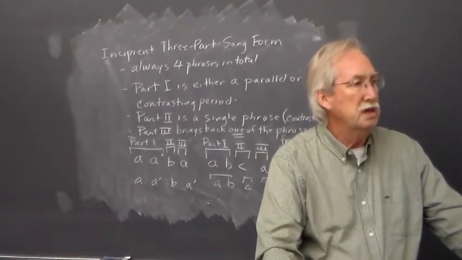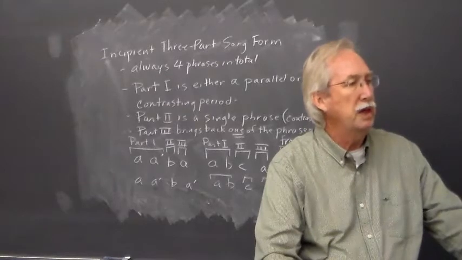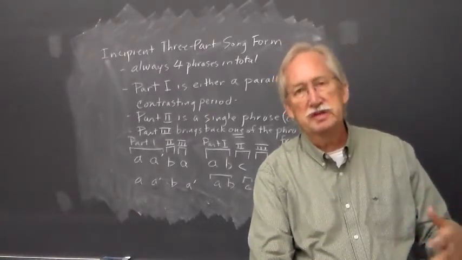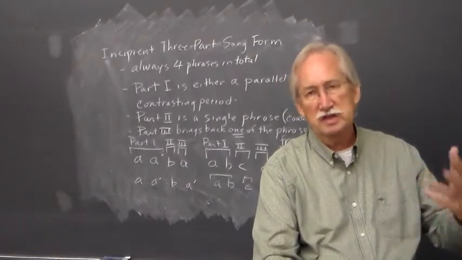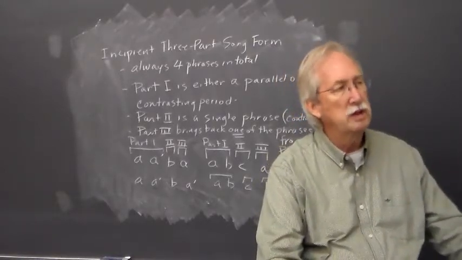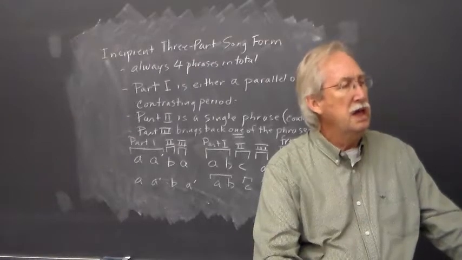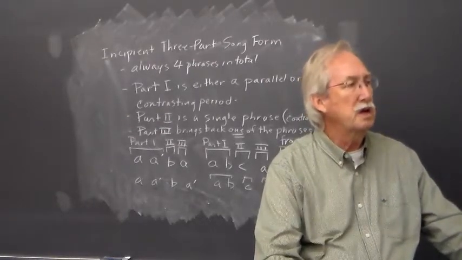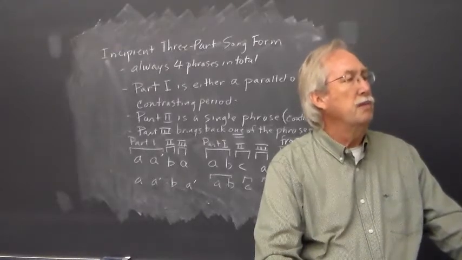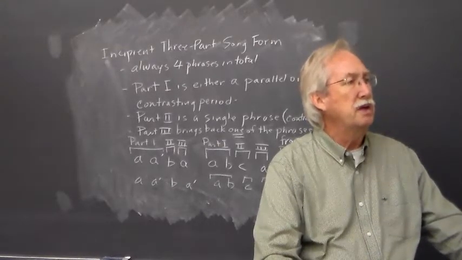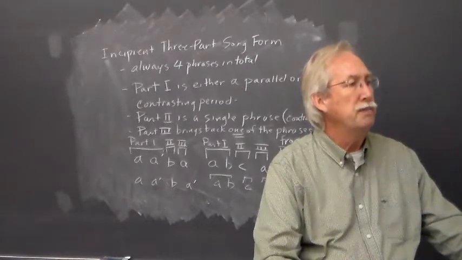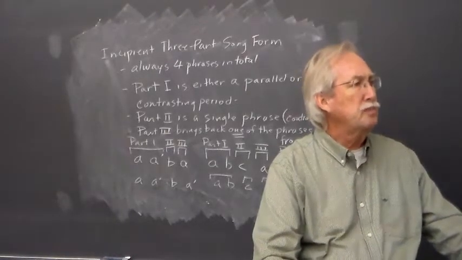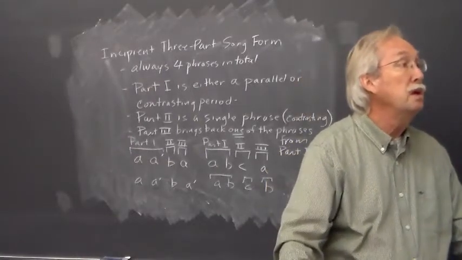And this is an example that has 12 variations in this particular movement. It's the longest movement of the Mozart piano sonatas. But this theme is constructed in incipient three-part song form. So I'm going to play this example of it as you look at the score here. Let me pull that up real quickly.